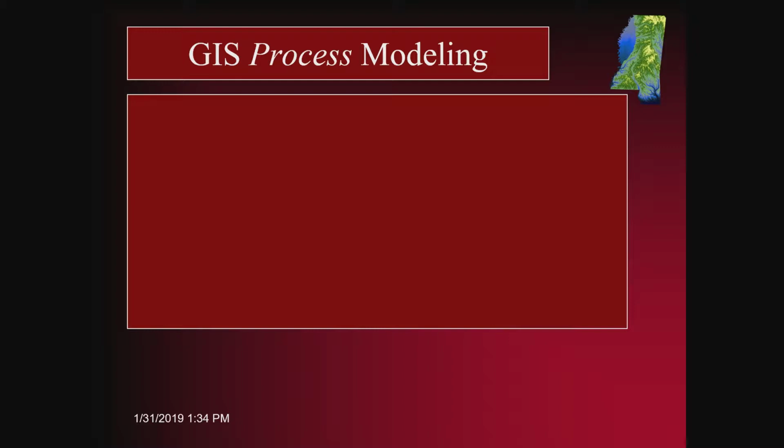Okay. So last week we talked a lot about models and how raster data is really just a model of the real world. All of those cells with numbers in them, those numbers represent some value from the real world.